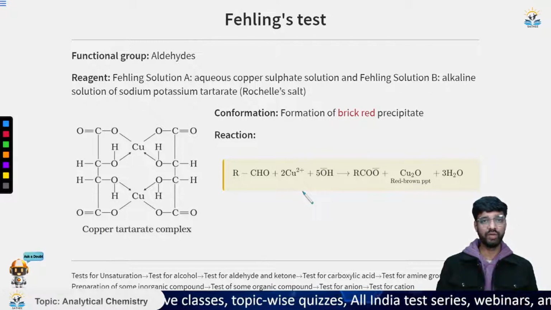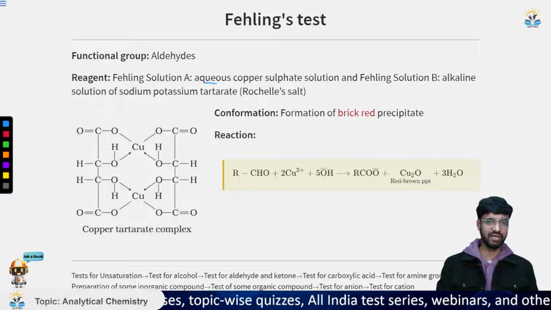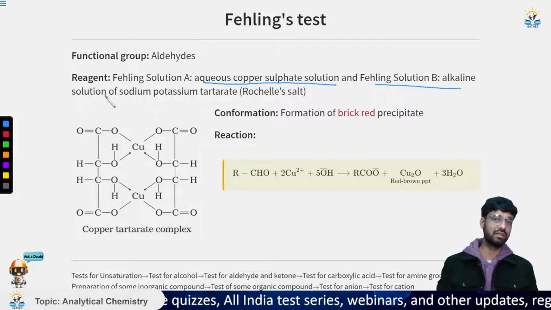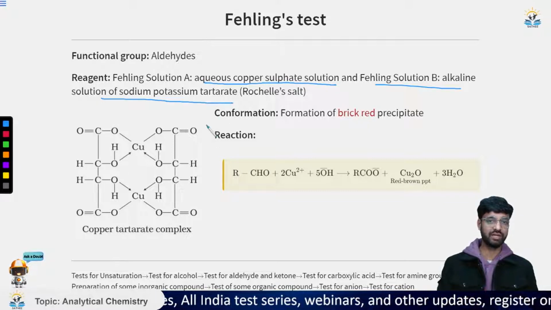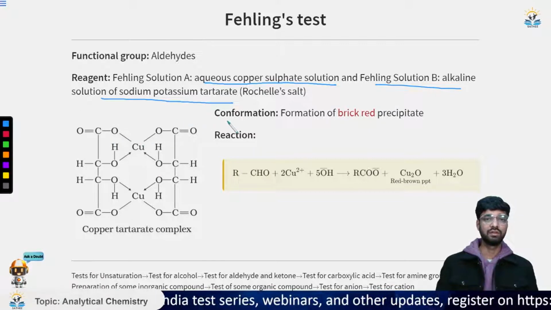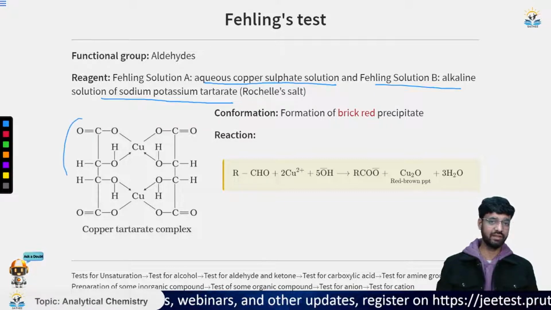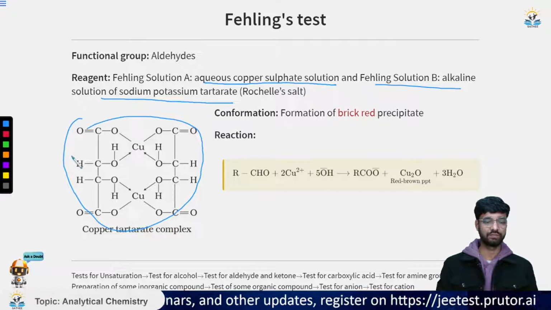Now if you move to Fehling's test, then we have a different kind of complex formation. What do we take? We take Fehling's solution A, which is again aqueous copper sulfate solution, but solution B is an alkaline salt of sodium potassium tartrate. We react it with the copper sulfate solution, and we get this copper tartrate complex.